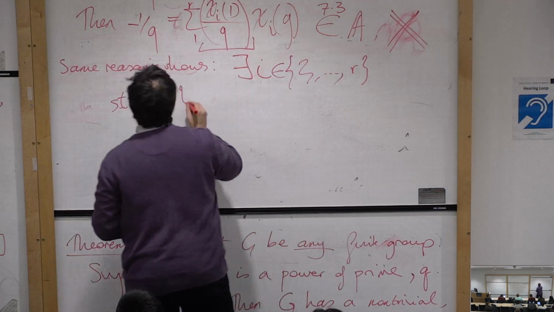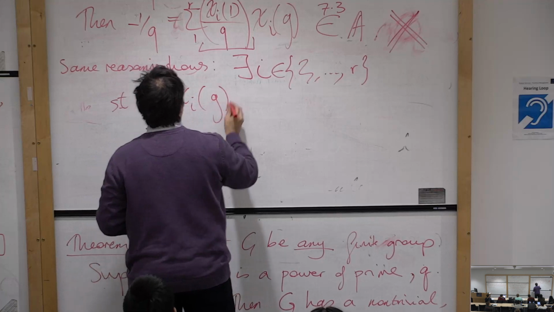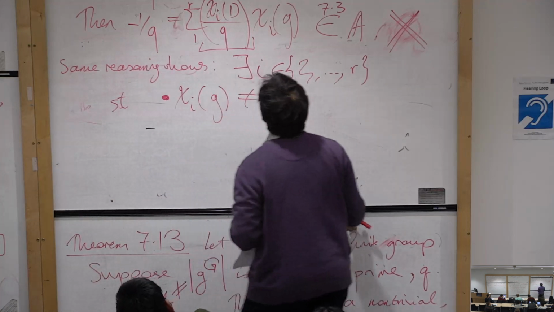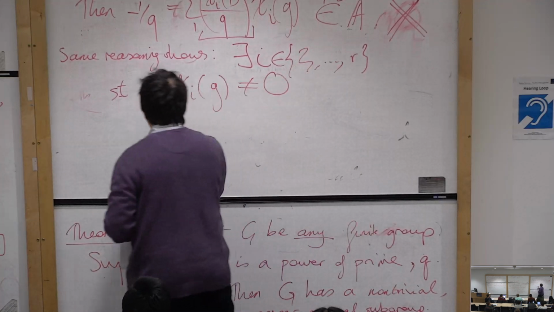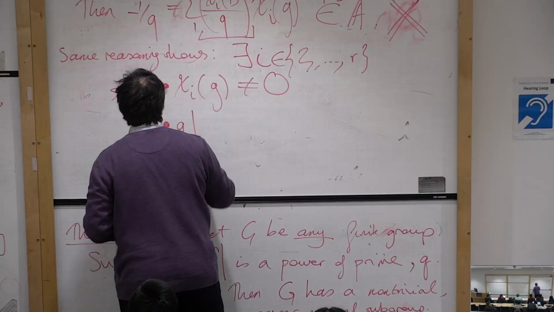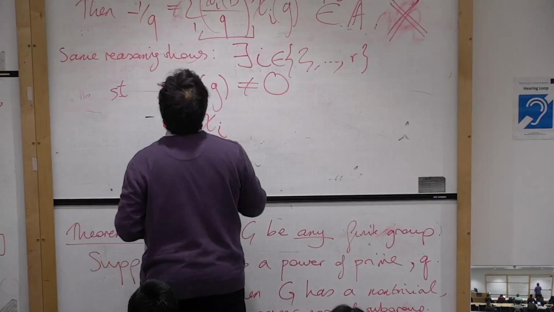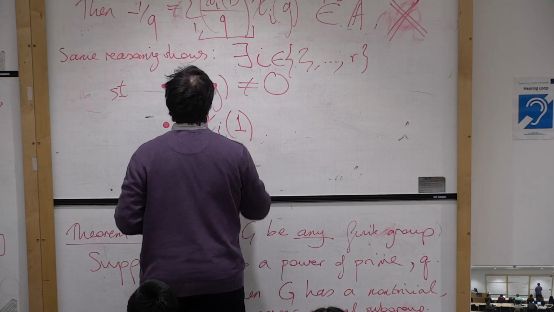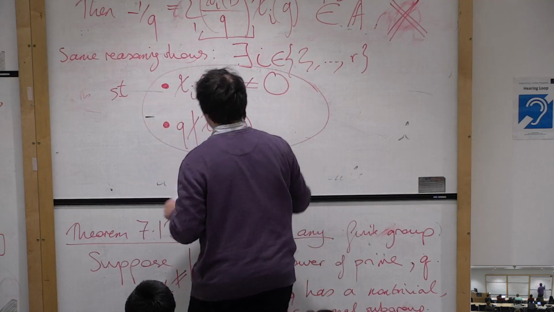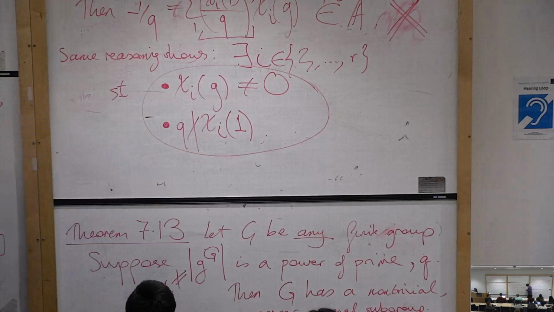This number is non-zero, otherwise it would not contribute, and q doesn't divide the corresponding degree. That's what you get from column method analysis. Good.